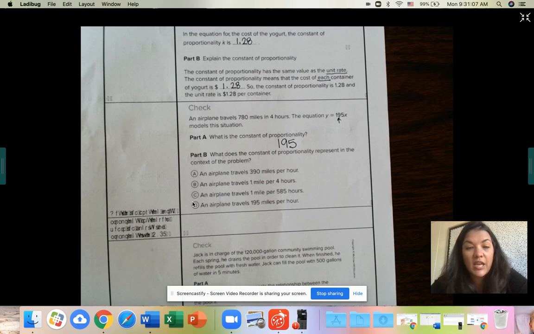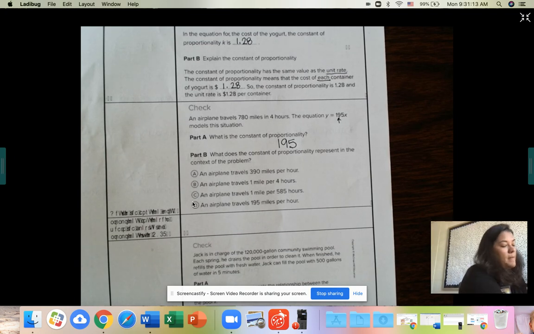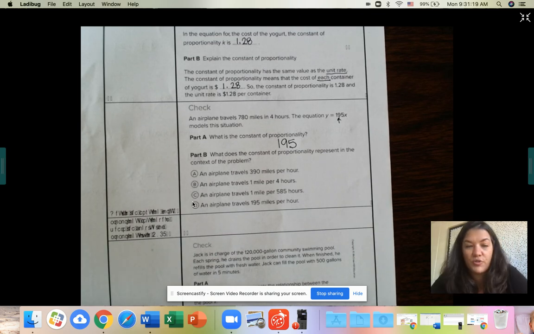Part B then said, what does the constant of proportionality represent in the context of the problem? All right. Well, first of all, let's just look at our answer choices. Our constant of proportionality is 195. There is only one answer choice that has 195, but let's make sure that the other ones do not make sense.